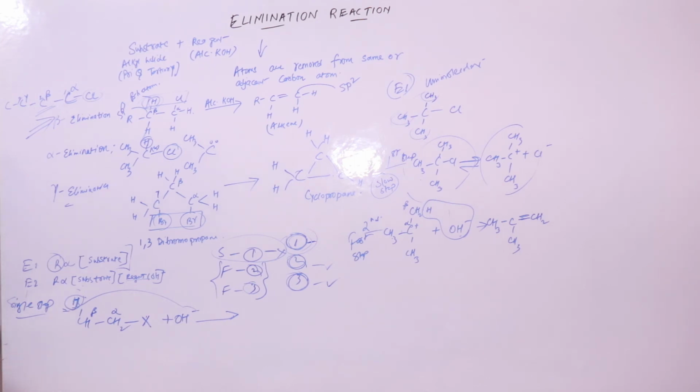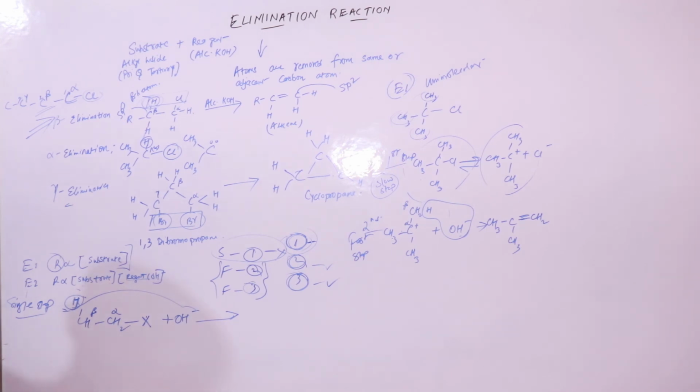A proton from the beta carbon is abstracted, resulting in the simultaneous release of the leaving group from the alpha carbon atom of the substrate.